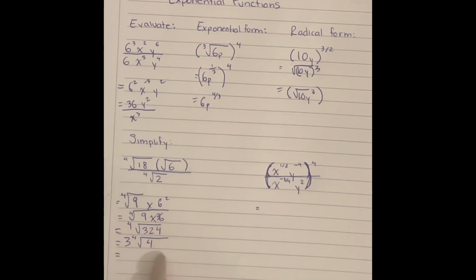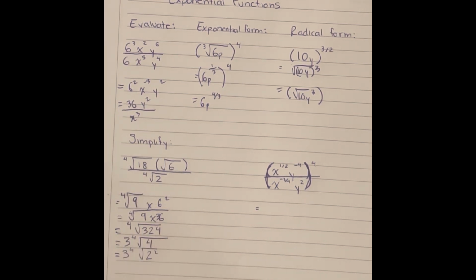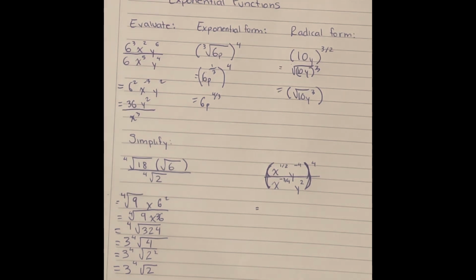And then with this 4 now, we can reduce it some more and use an exponent to put to the power of 2. So it's going to be 3 to the power of 4 times 2 to the power of 2. And then using this just with the square root, it's going to cancel out. So our final answer is going to be 3 to the power of 4 times the square root of 2.